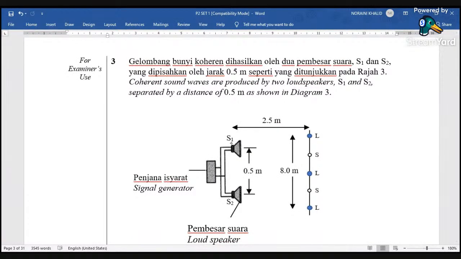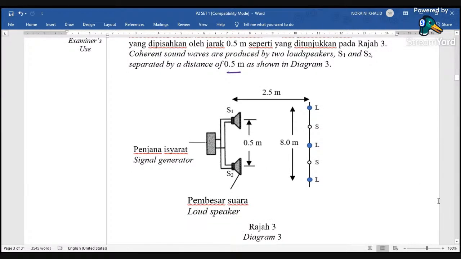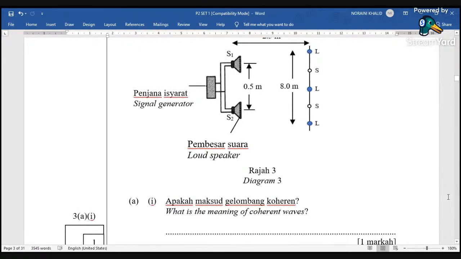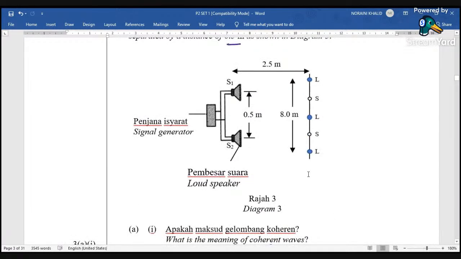Okay, number 3, coherent sound wave are produced by two loudspeakers S1 and S2 separated by distance 0.5 meter. What is the meaning of coherent waves? Okay, before that, let's look at diagram 3.